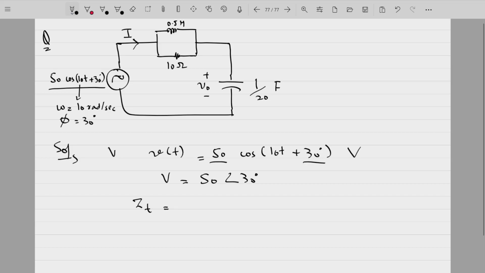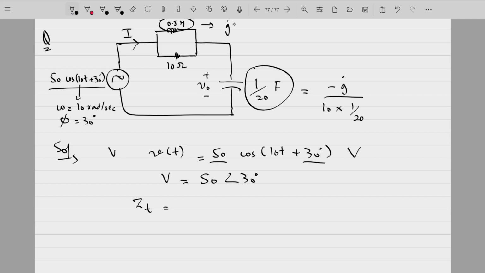आपका जो total impedance है in this circuit ZT, it is equal to, इसका जो impedance है it is minus j by omega c, 10 into 1/20. इसका जो इम्पीडेंस है डैट इज जे ओमेगा एल, वो 10 हेनरी है.